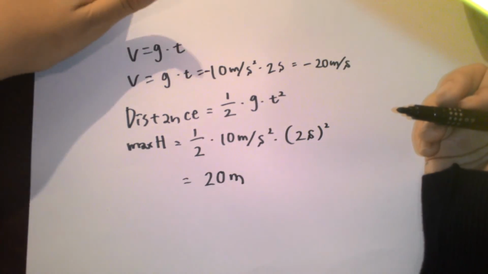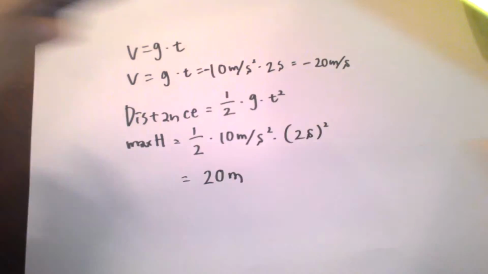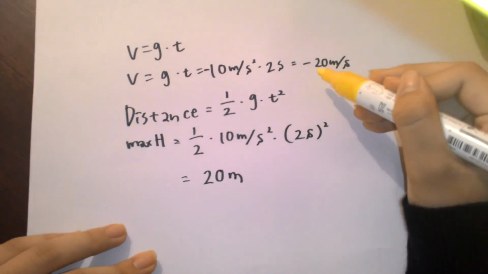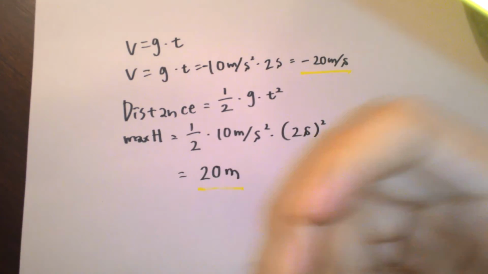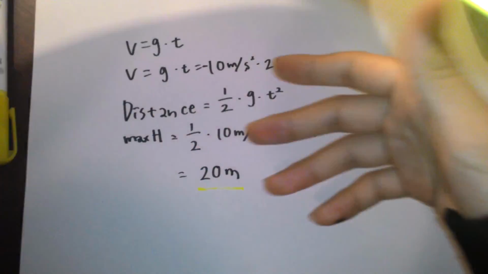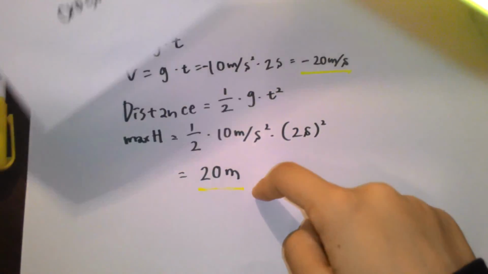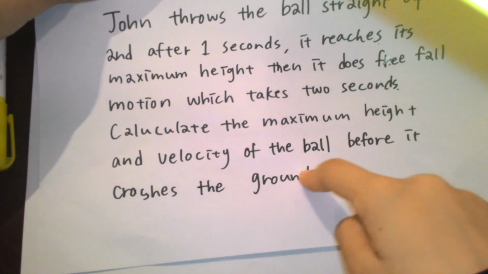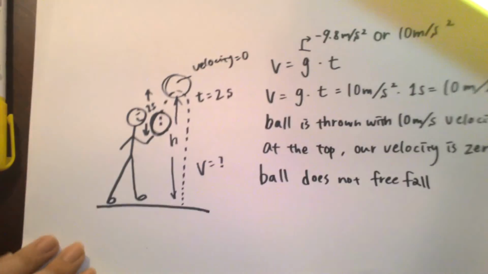So this question's answer is basically this one and this one, because we need to calculate the maximum height, 20 meters, and the velocity of the ball before it crashes on the ground. Yeah.